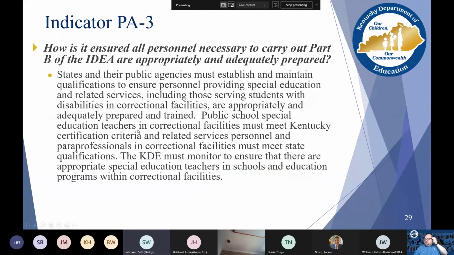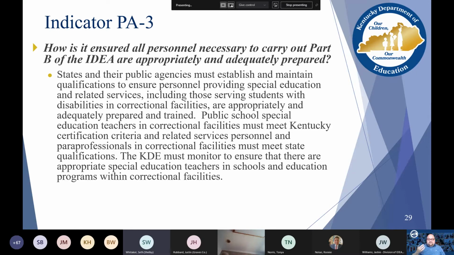Let's see here. How is it ensured that all personnel necessary to carry out Part B are appropriately and adequately prepared? So again, states and their public agencies must maintain, in other words, that's that certification question, that the personnel providing special education and related services, that public school education teachers and special education teachers in correctional facilities, must meet Kentucky certification criteria, and related services personnel and paraprofessionals in correctional facilities must meet state qualifications.